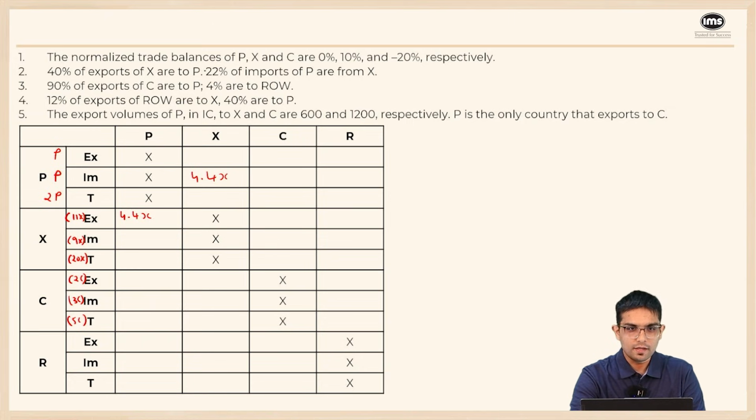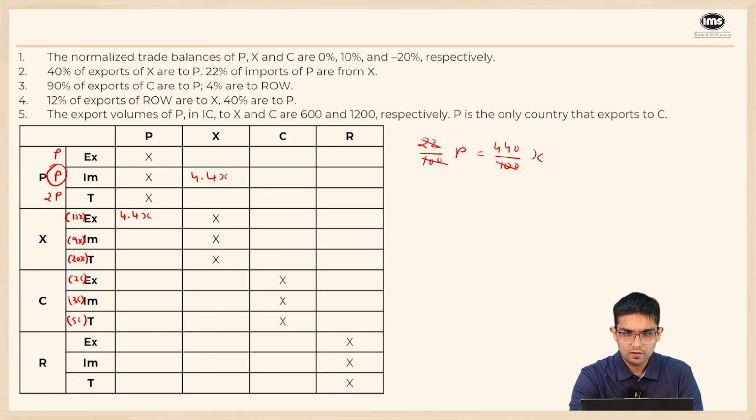But now it is said that 22% of imports of P are from X. So out of this total import of P, this is accounting only for 22%. So can I say 22% of P is 4.4X. 4.4X can be written as 440 by 100 of X. So you can cancel out 100.